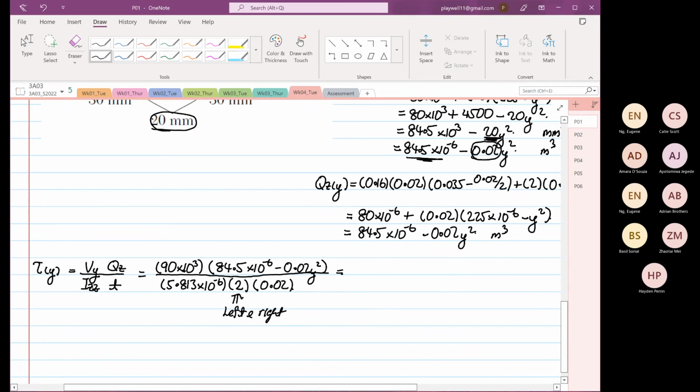So from here, we can calculate our function now, or we can determine our function. Minus 6 divided by 5.813 power minus 6 divided by 2 divided by 0.02.